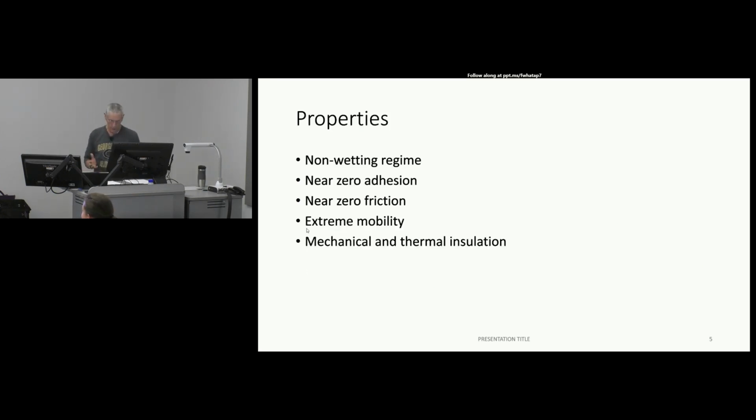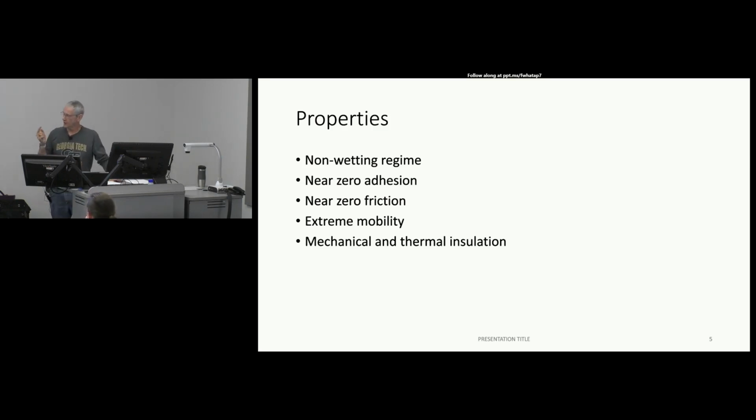Some of the properties, as you'll see later, because the droplet only really ever comes in contact with the solid surface at the end of its life, when it almost immediately vaporizes. There's effectively no wetting, absolutely no wetting during the actual levitation part of its lifetime. You get near zero adhesion and near zero friction, which leads to extreme mobility.